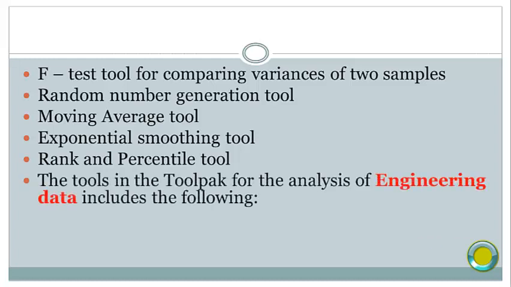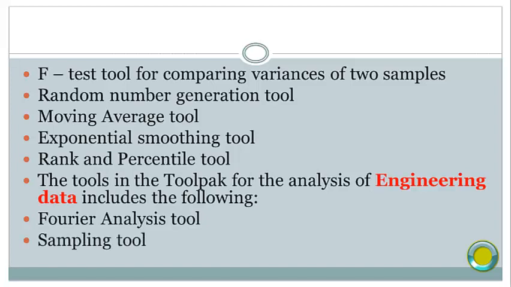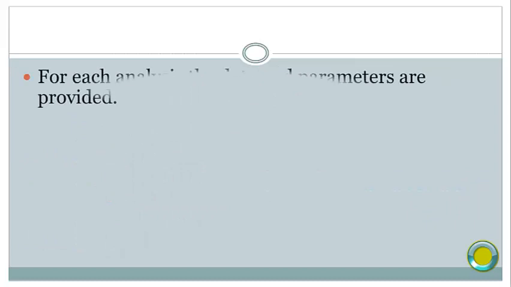The tools in the tool pack for the analysis of engineering data include the following: Fourier analysis tool and sampling tool. For each analysis, the data and parameters are provided.